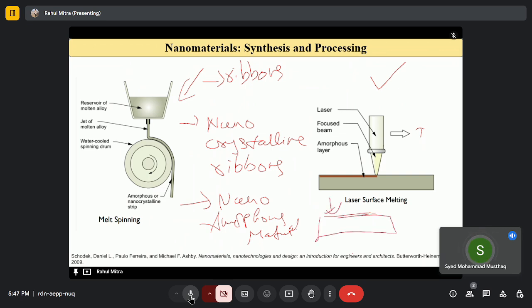We focus the laser beam onto the top surface, so only the top surface will get melted, but the bottom surface remains unchanged. Because of the very localized heating, that area will get heated rapidly, but the region below acts as a quench, because the hot region is touching the colder region.